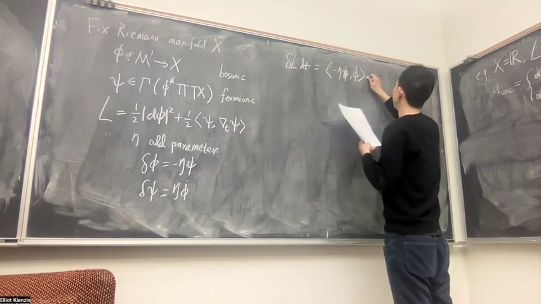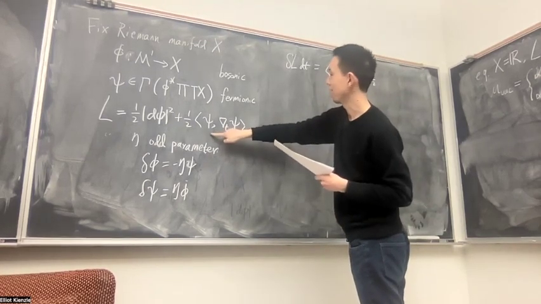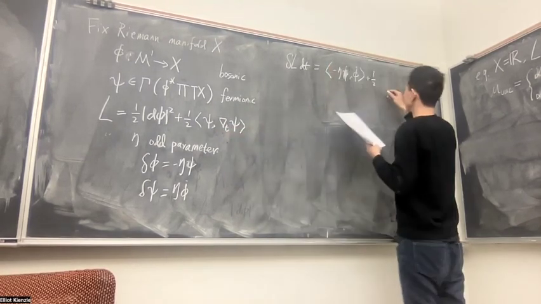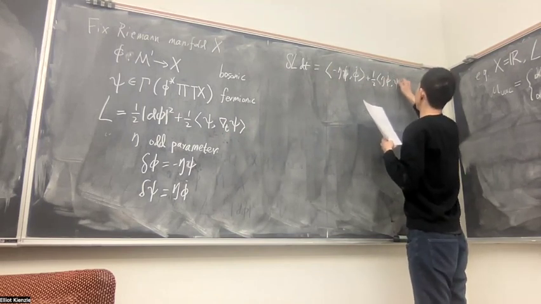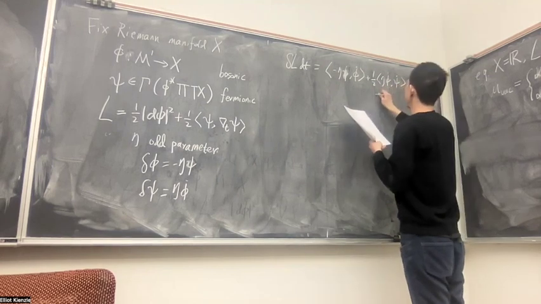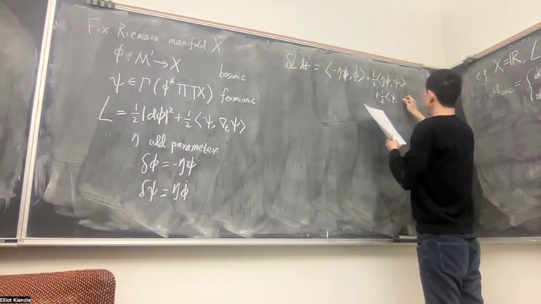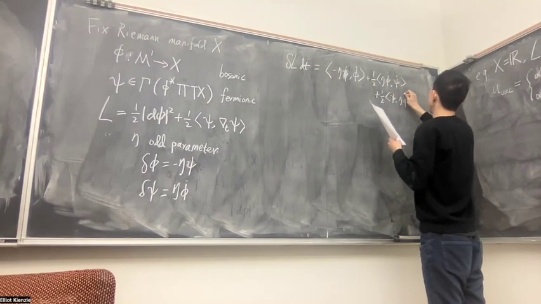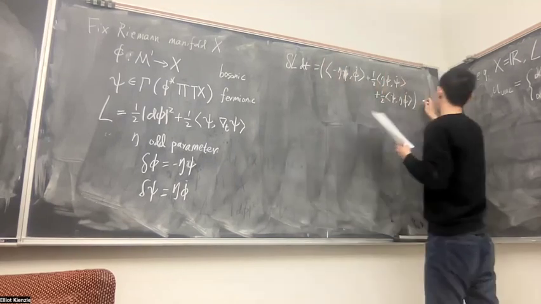And for the second term, you vary this or you vary this, so you will get eta phi dot psi dot. Also I eta phi double dot, and both things.